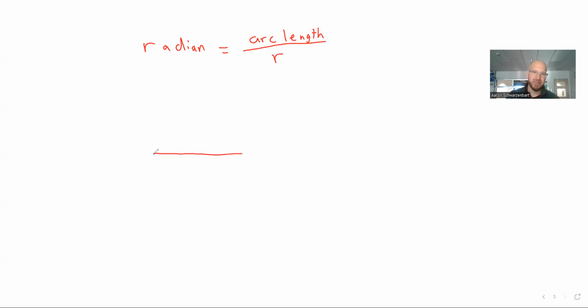So let's say I've got a radius of 3, and this length is pi. Now I'm intentionally doing pi because the circumference of a circle is equal to 2 times pi times the radius. My arc length is pi, this length. So the angle is pi divided by 3.